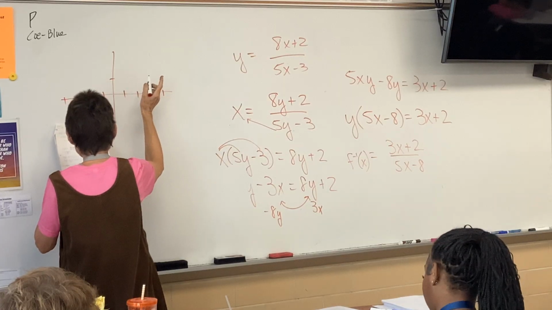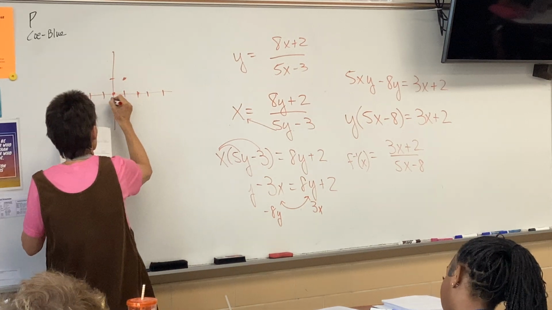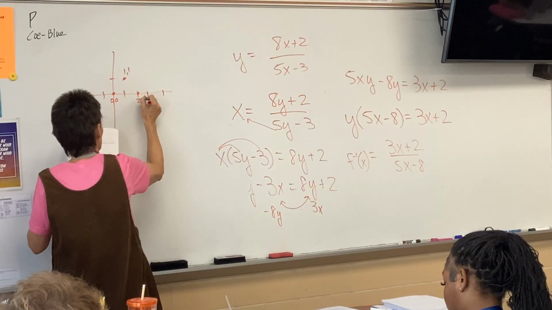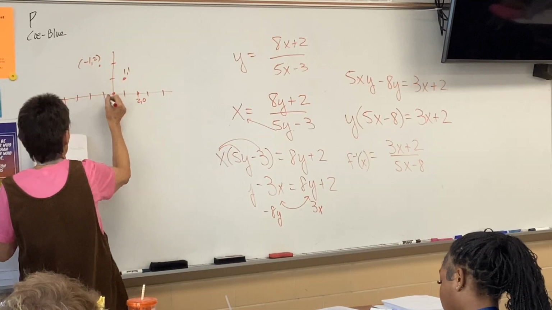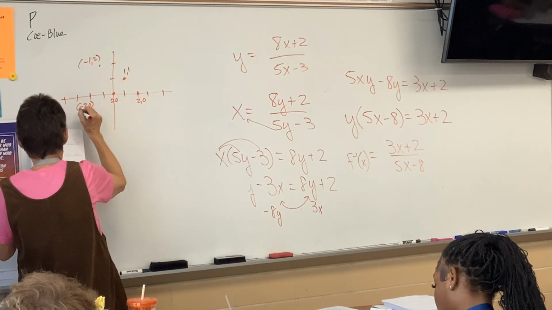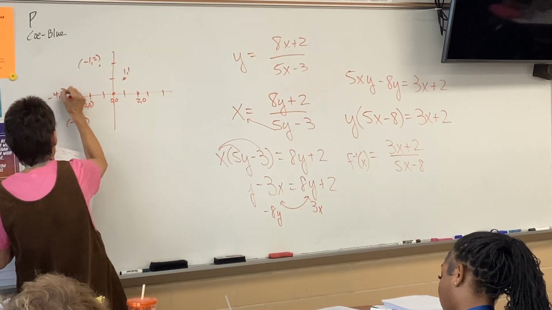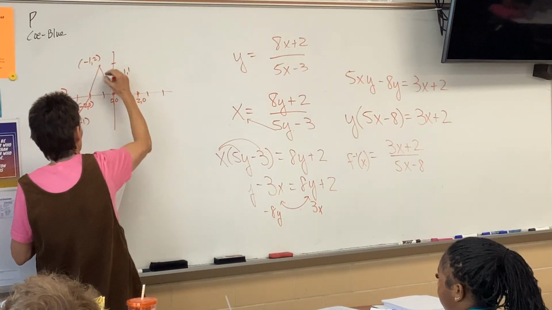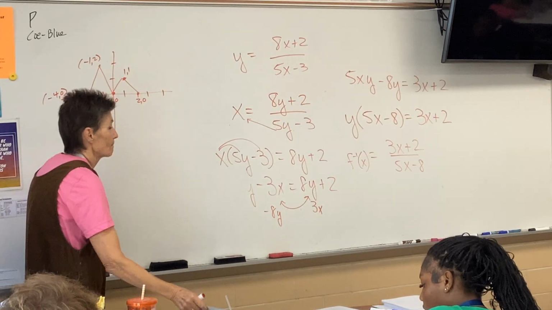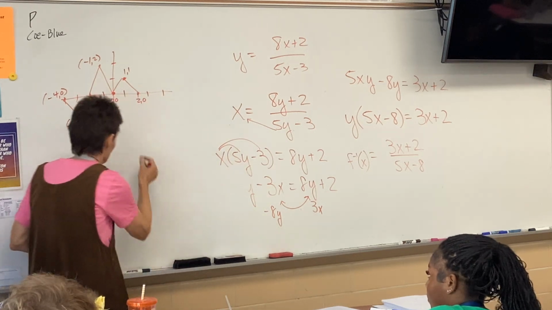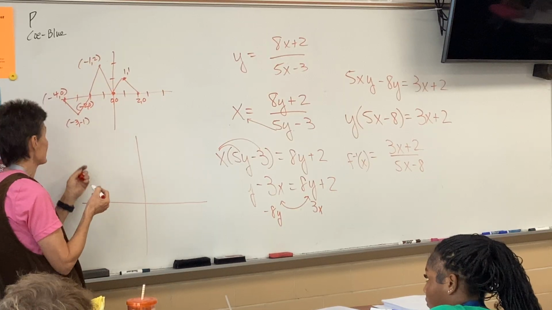You don't have to do this, but I like to label my original points, because I know that when I do my inverse, I'm gonna flip them, right? So stay organized, it's really easy, but stay organized.